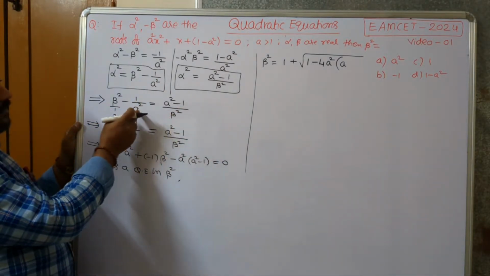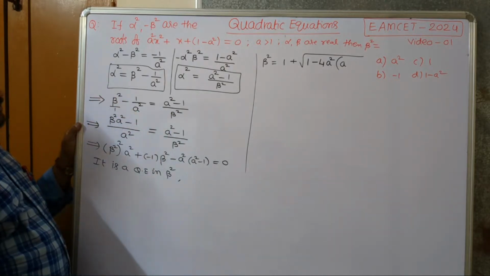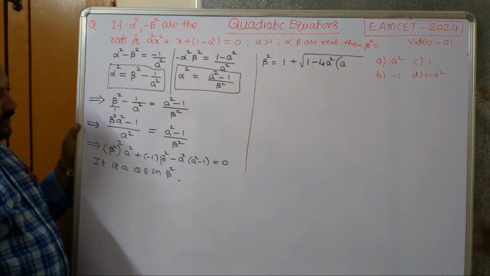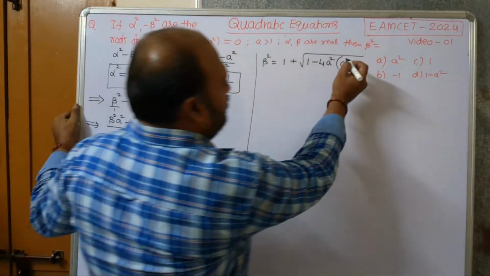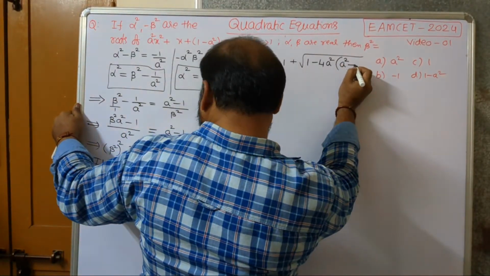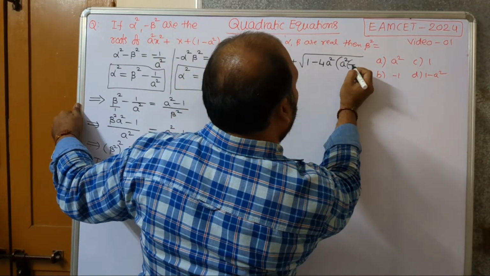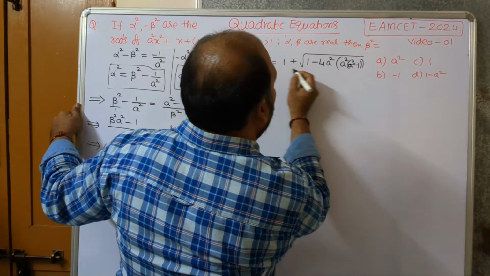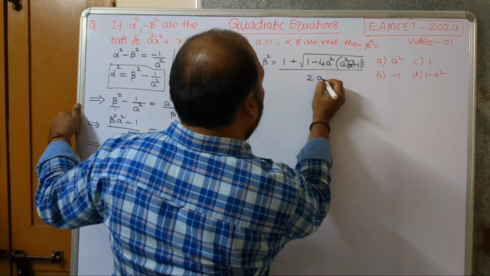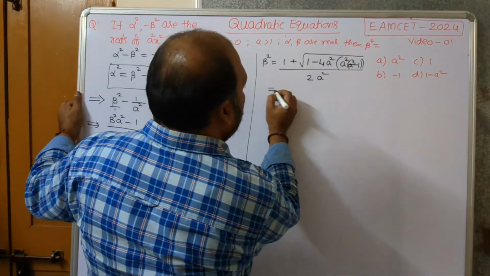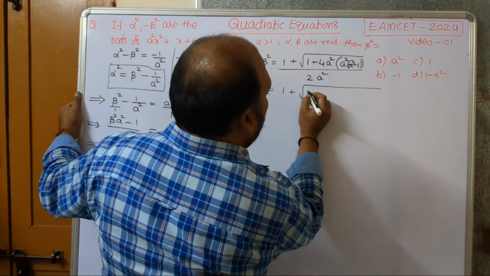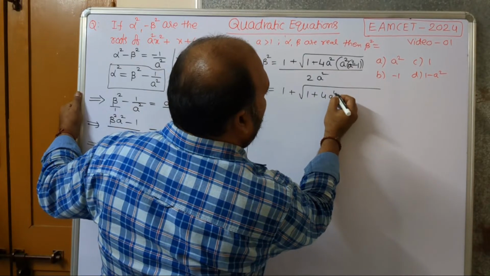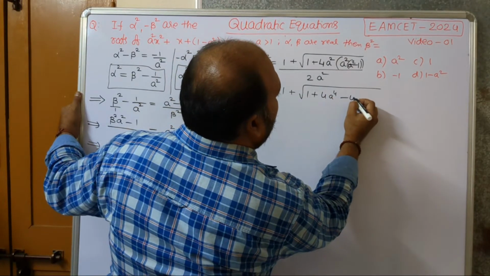So here beta square, find a square minus 1 by a square. So beta square is a square into a square minus 1 by 2 into a square, which is equal to, that also minus, no, plus will come here: 1 plus root over 1 plus 4a power 4 minus 4a square.